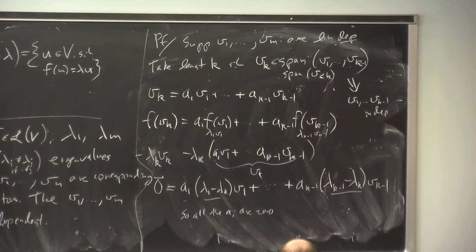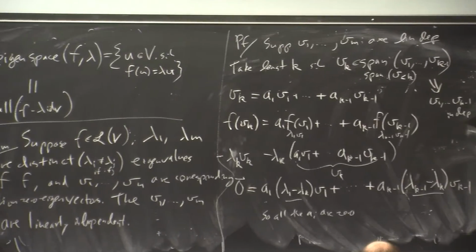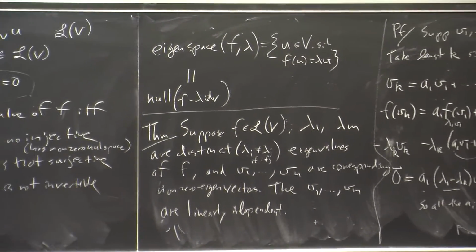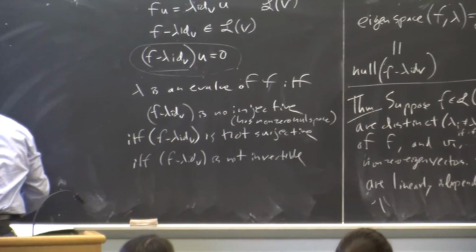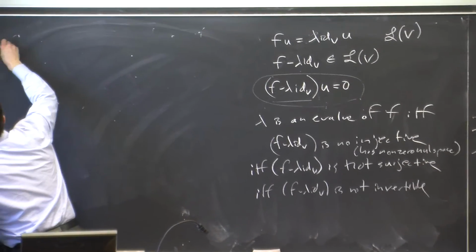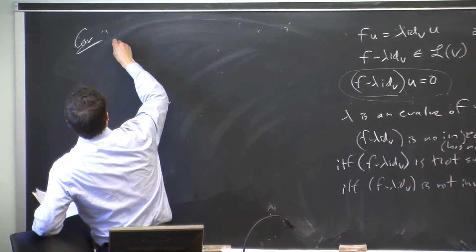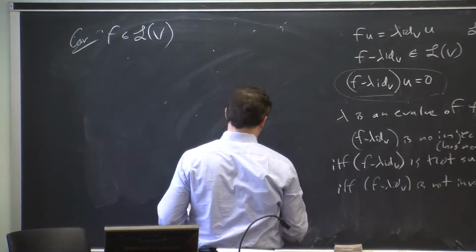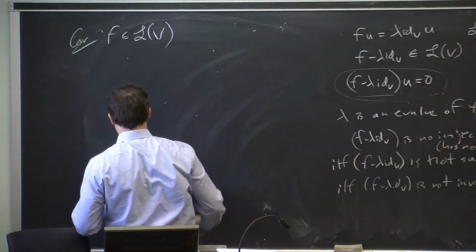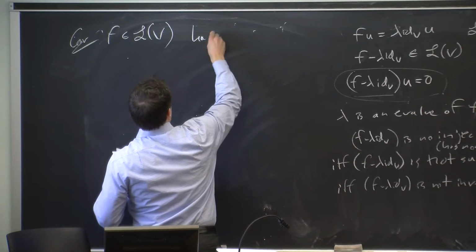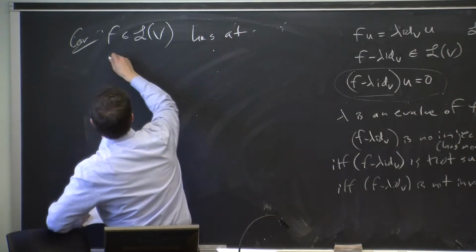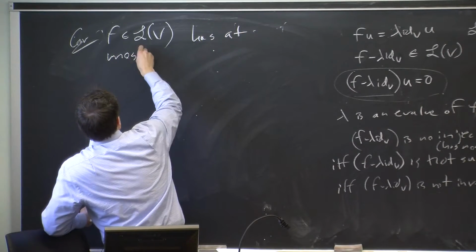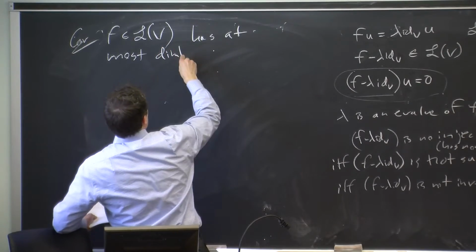Okay, so this has a corollary, which is that if I look at a linear transformation on a finite dimensional vector space, an operator, it can't have more than dim V distinct eigenvalues.